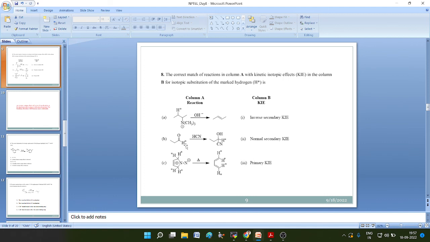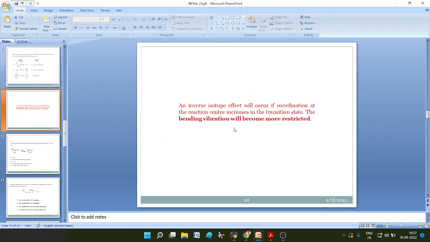Which bending will be easier, carbon-deuterium or carbon-hydrogen? The carbon-deuterium bond length is a little shorter, and carbon-hydrogen is a little larger. So the restriction will be more for carbon-hydrogen, and less for the shorter carbon-deuterium. That's why the bending vibration becomes more restricted, and the rate will be a little slower compared to carbon-deuterium.